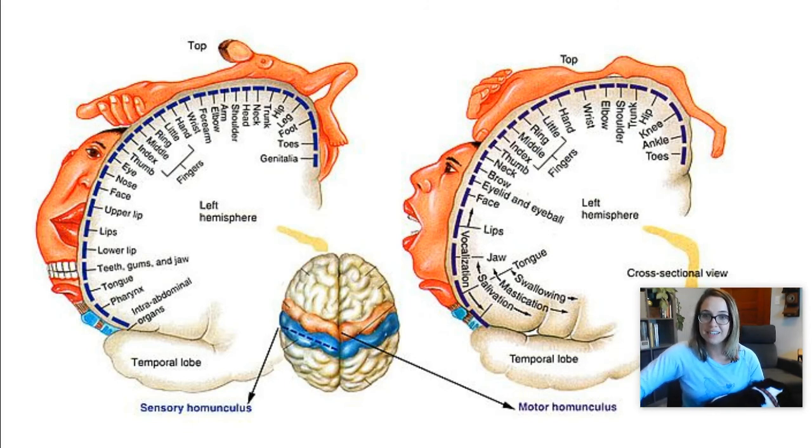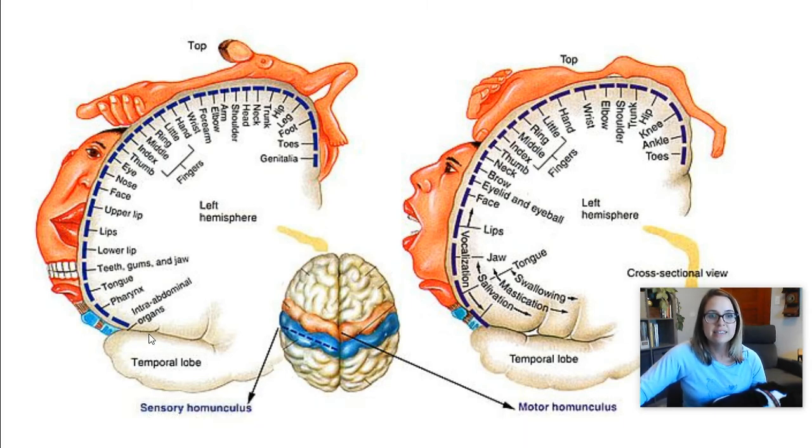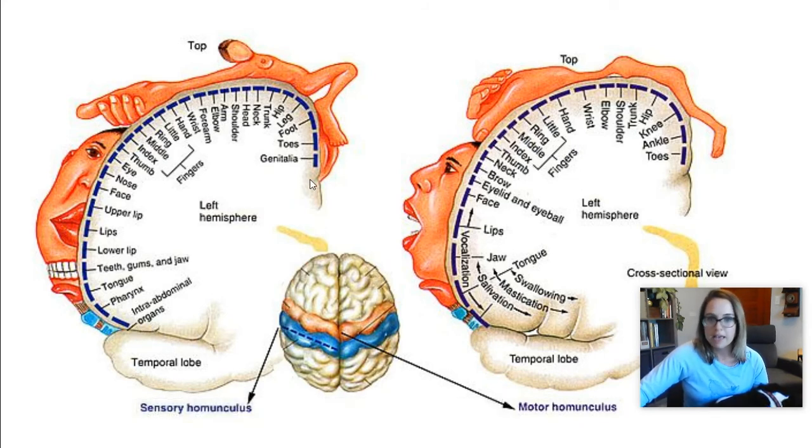So what they've done in this diagram is show you the different parts of the body that are controlled by our different brain areas. What makes this picture so goofy is that it shows you the different sensory things that our body can feel and the amount of brain space taken up by each.